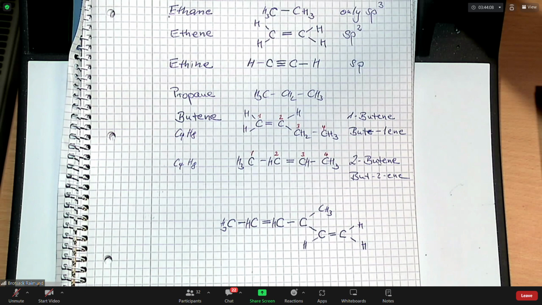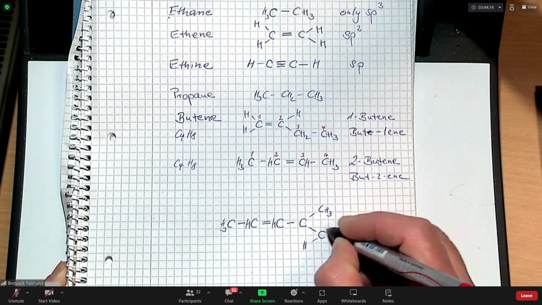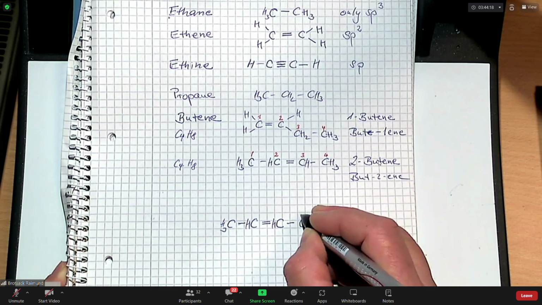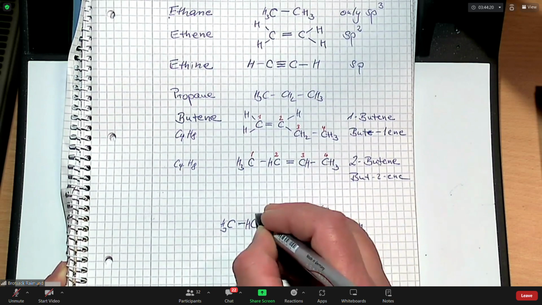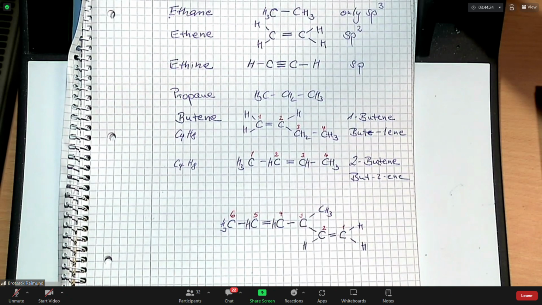What's the name of this molecule? Let's count from the first position on the right: 1, 2, 3, 4, 5, 6. Now we have 6 in the line, and we have 1 angle.